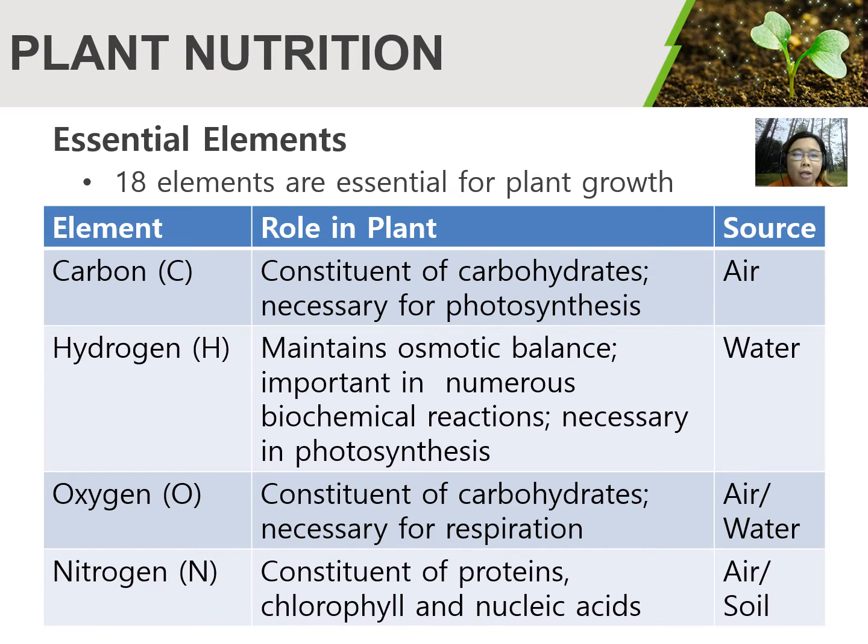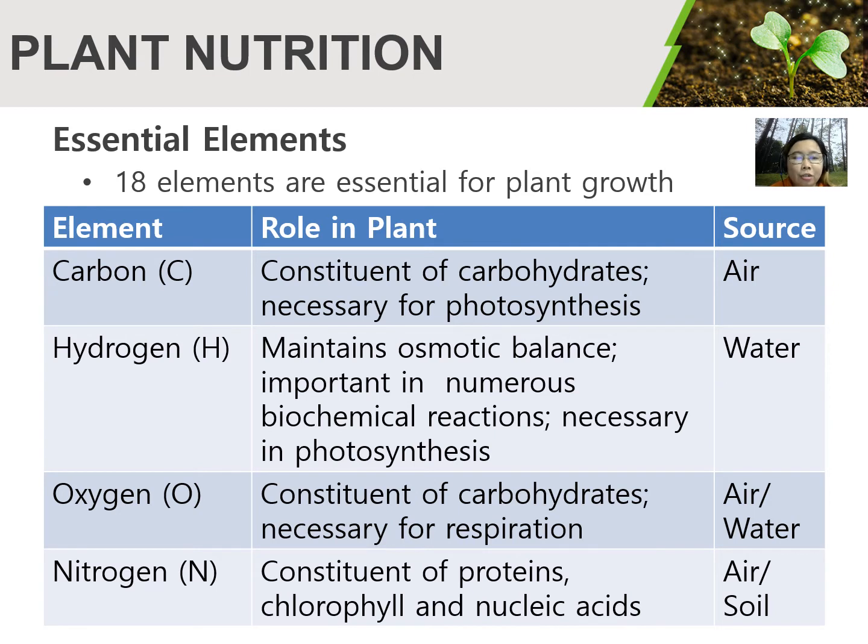Hydrogen maintains osmotic balance, and it is important in numerous biochemical reactions happening in plants. And it is also necessary for photosynthesis. Oxygen is also a constituent of carbohydrates and necessary for respiration.